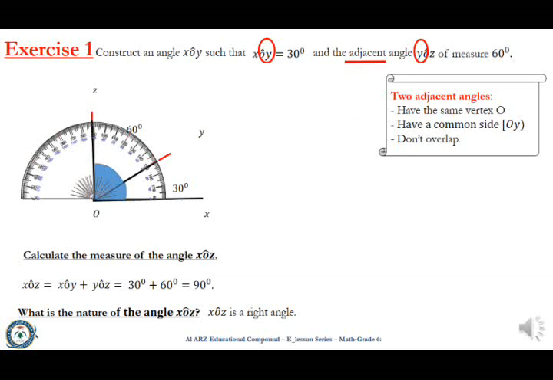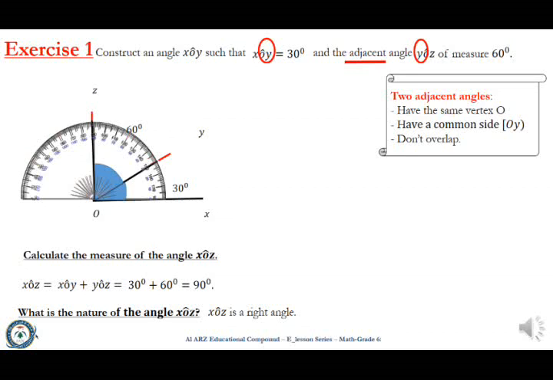It means one should be to the left and the other one to the right of the common side. They are located on either side of the common side. So once you highlight OY, the common side, you know that YOX is to the right of the common side, so YOZ should be to the left of the common side in the other direction.